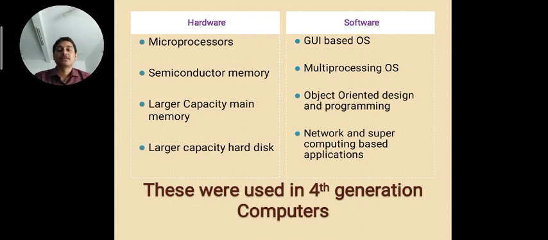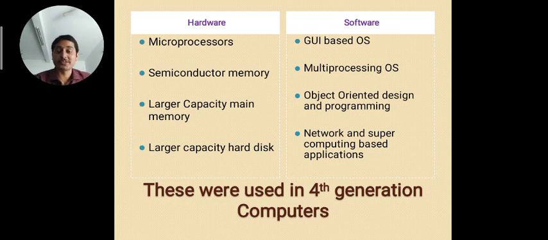Means in first generation, second generation, third generation, there was nothing to see on the screens. They used to give inputs and get output in a form, but from the fourth generation a graphical interface appeared in the form of operating systems.